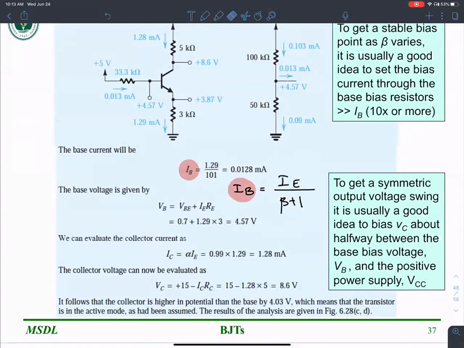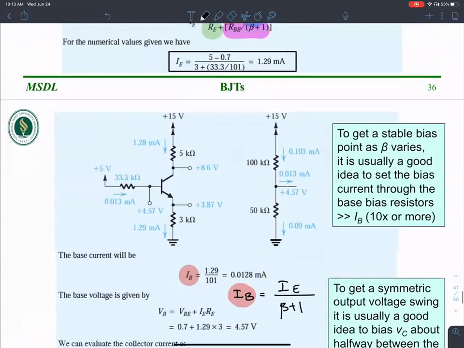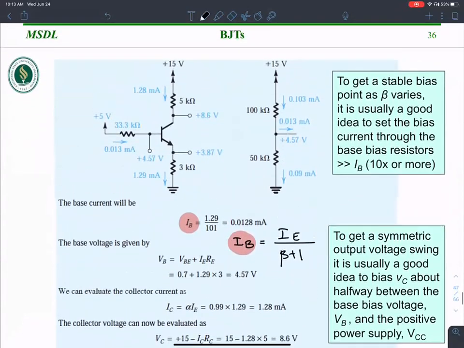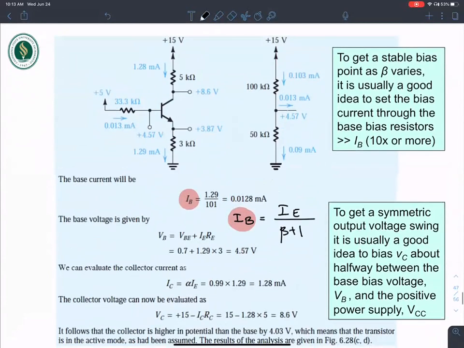Once I have IB, I should be able to find the value for VB. So this guy is 0, and on the other end the voltage is 5 volts.